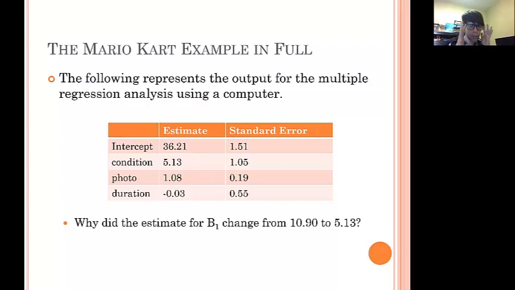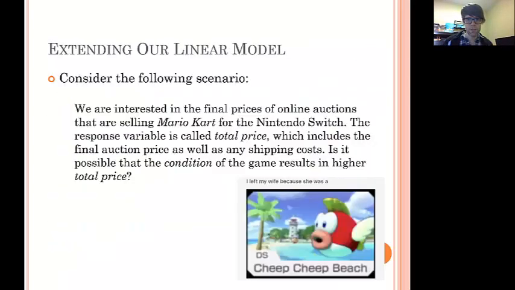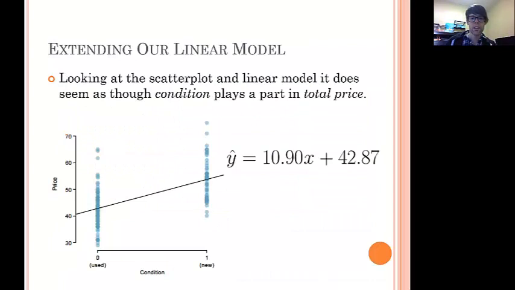And so the old estimate that we had for B1 was about $10.90. So in other words, if we scroll back to our very first model that we used, which was here, the original slope value associated with condition was $10.90.